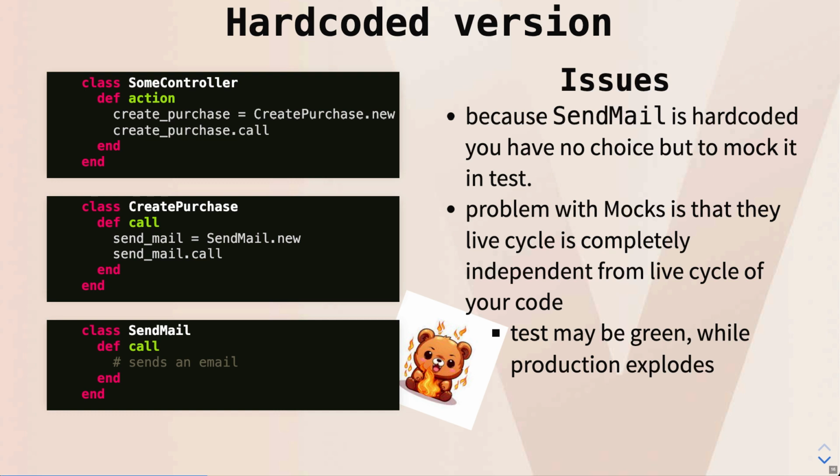And when the gem is updated, we probably don't read what was changed and just run the tests, expecting that everything works because we have green tests. But afterwards, we have runtime errors in production, just like what happened with mocks. So I never was a fan of this strategy.